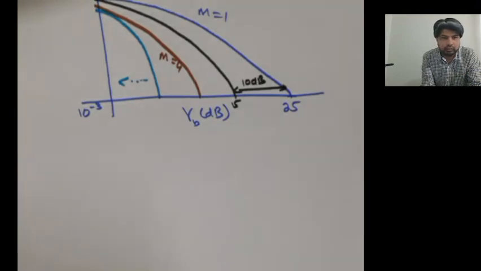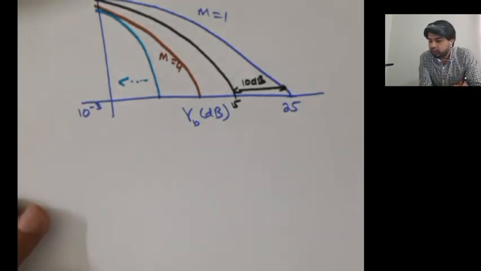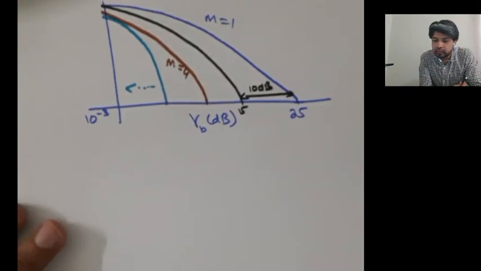But here with maximal ratio combining, although it is more difficult to implement and complex, you need to estimate the channels of all the branches, and then you have to have a gain that is proportional to the channel, and that would give you a maximal ratio in terms of signal to noise ratio. It maximizes the signal to noise ratio as well, and you get a gain in terms of diversity.